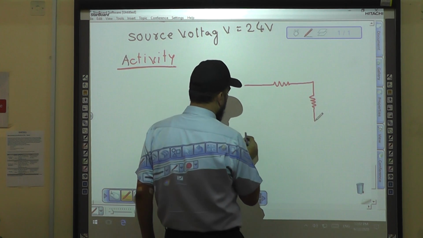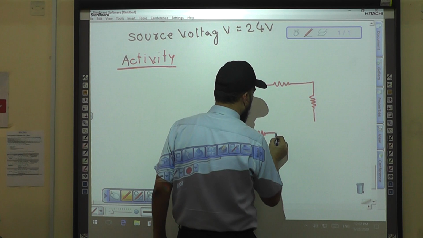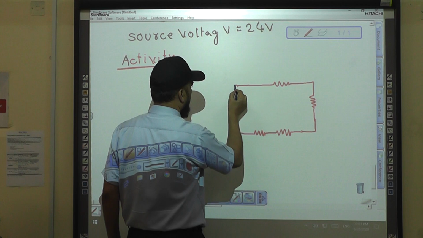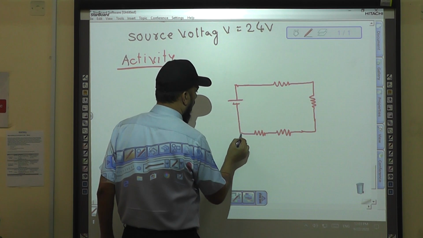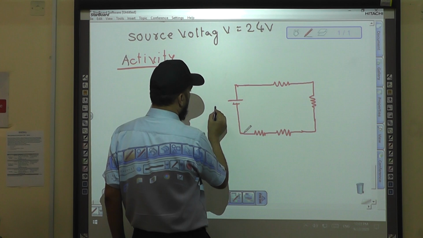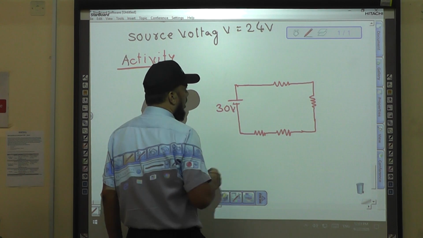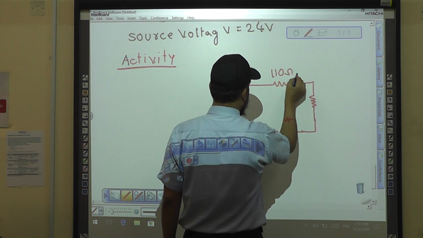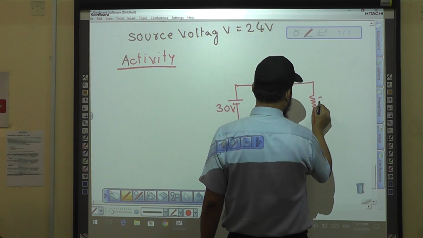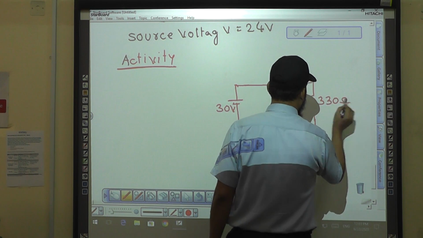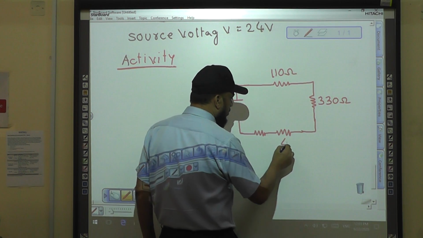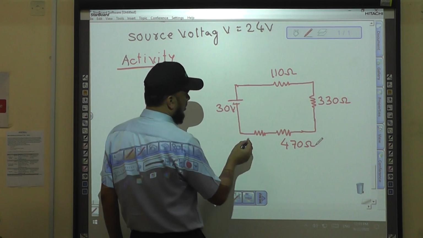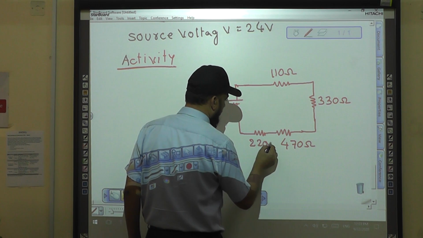I am giving you four resistances, and the same way you have to solve for the four resistances. V is 30 volt, and R1 is 110 ohm, then 330 ohm, this is 470 ohm, and this is around 220 ohm.